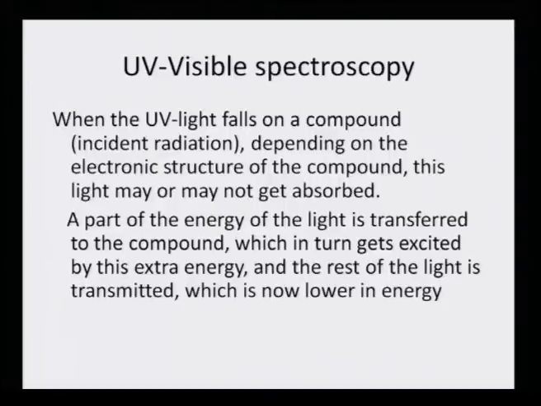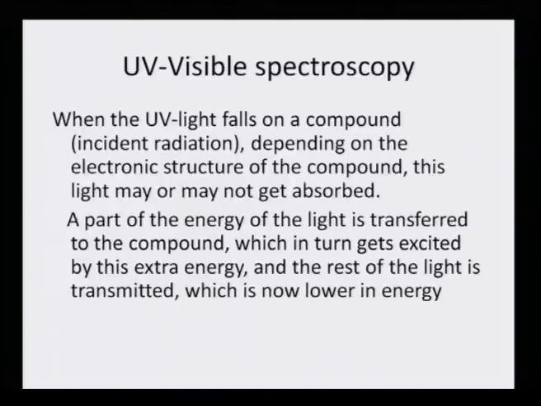When UV light falls on a compound, depending on the electronic structure of the compound, this incident radiation may or may not get absorbed. A part of the energy of the light is transferred to the compound, which in turn gets excited by this extra energy, and the rest of the light is transmitted, which is now low in energy.